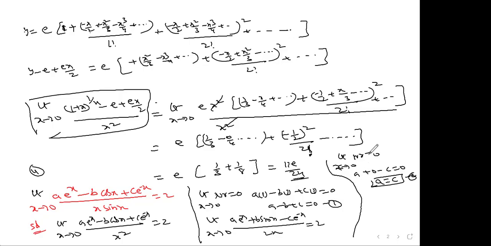Once you decided the numerator is 0, once again we are supposed to differentiate here. How? See this one. Limit x tends to 0, a to the power of x plus b sin x minus c e to the power of minus x, divided by 2x, and here it is 2, 1.